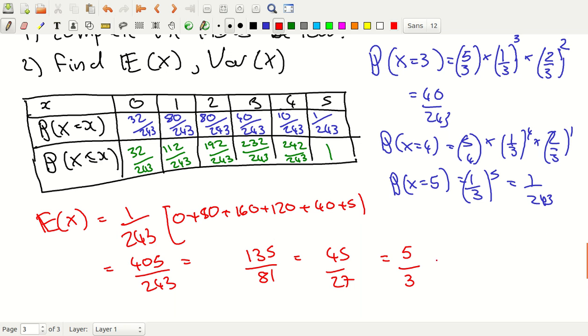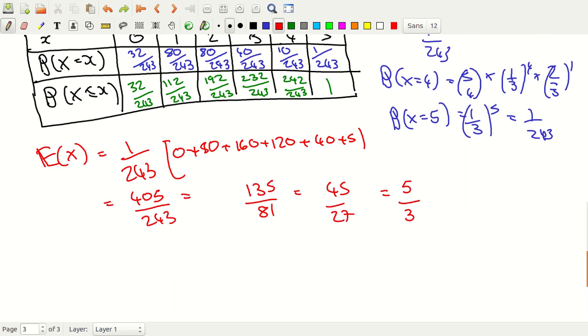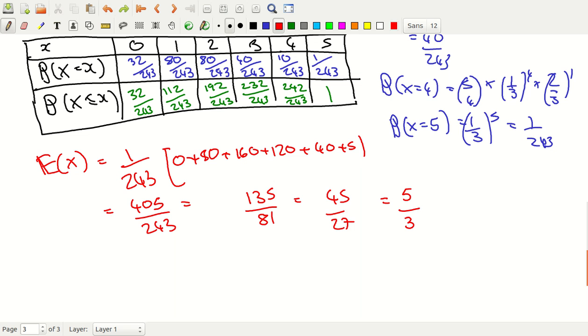Now again, I hope that this simplified answer doesn't sort of shock us too much. We had 5 attempts, and each of them had a 1/3 chance of success. So it shouldn't be too surprising that the expected or average number of successes, where a success is coming up heads, is 5/3.